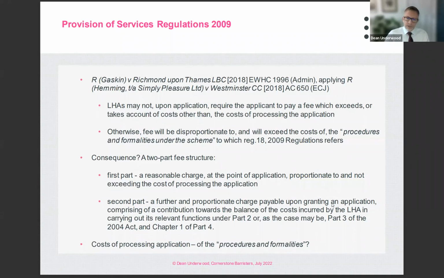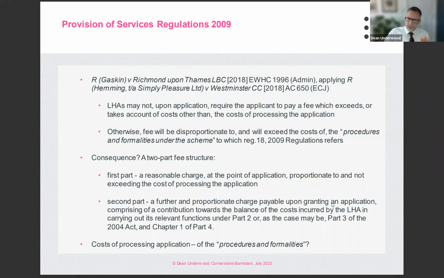Now, that approach is arguably supported by non-statutory guidance issued by the Local Government Association in 2017 in a different licensing context, and that guidance is entitled Open for Business.